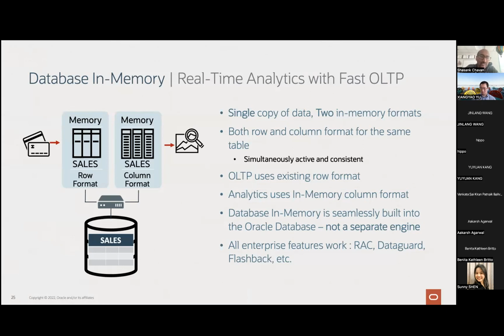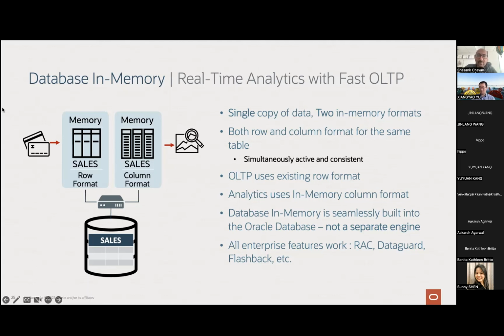What's different about our database versus other databases out there when it comes to real-time analytics is we maintain two in-memory formats of your data. One is a row store, a row formatted version, which is great for doing transaction processing. And the other is column store, which is great for running analytics.